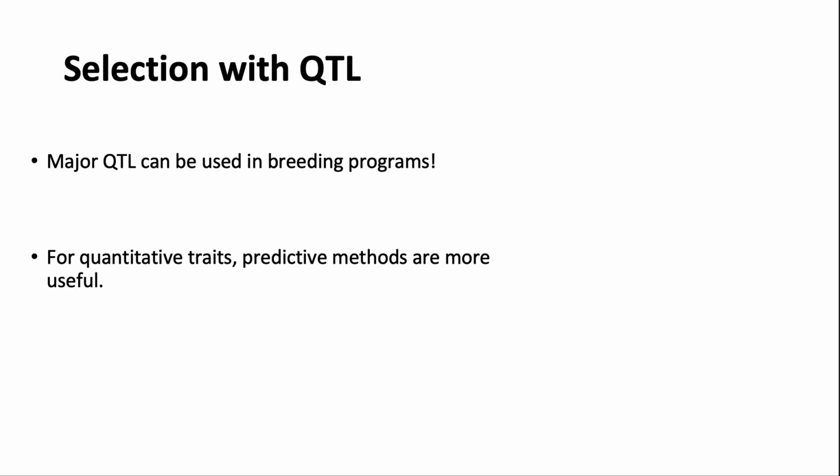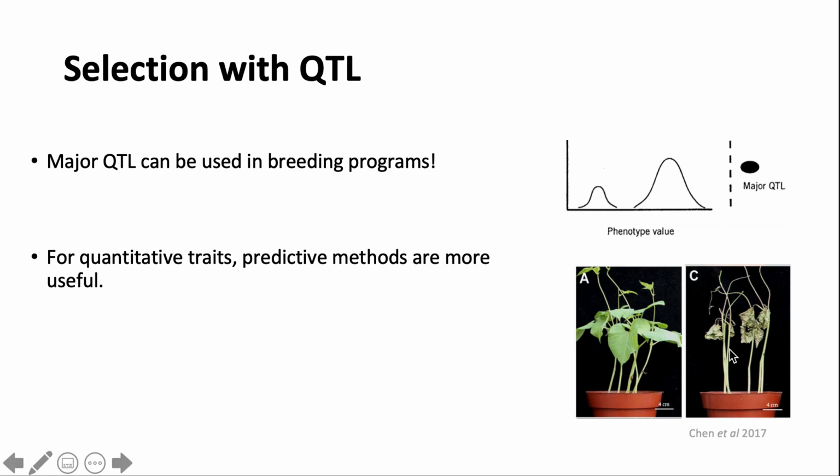So the take-home message in this presentation is that major QTLs can be used in breeding programs, and as you saw, it is a common practice in several traits. For example, we use marker assisted selection for anthracnose resistance, and it's an efficient way to select, in early generations, germplasm that is resistant to this disease.